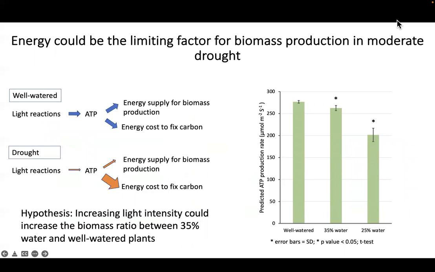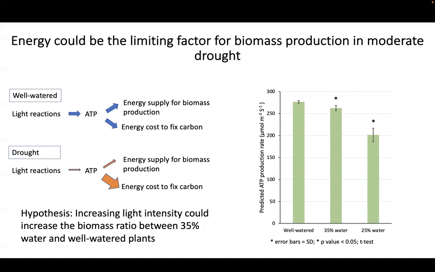And our model is trying to find out what's going on in this moderate drought stress, and what could be the limiting factor. And we found that energy could be the limiting factor.